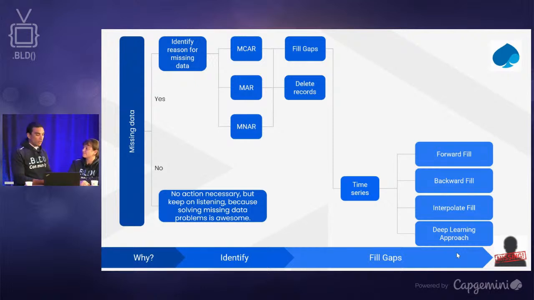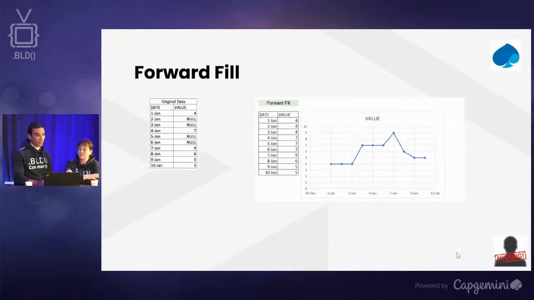It's more advanced, and not so available in some libraries that we are working with, or maybe Excel. So we will keep it for later, but we will cover these three: forward, backward, and interpolate fill.